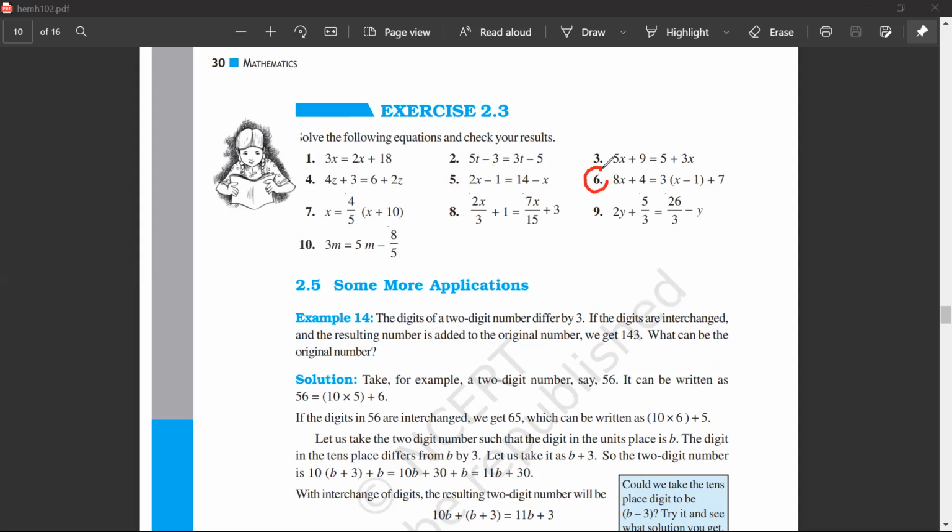Sarthak, how should I do question number 6? So first we'll open the brackets. So for that we'll put the minus 1 to the other side of the equal to. So it will become plus 1.